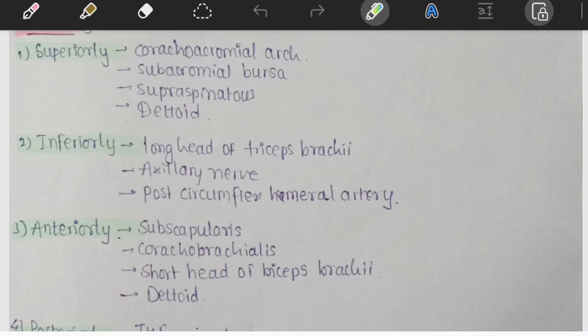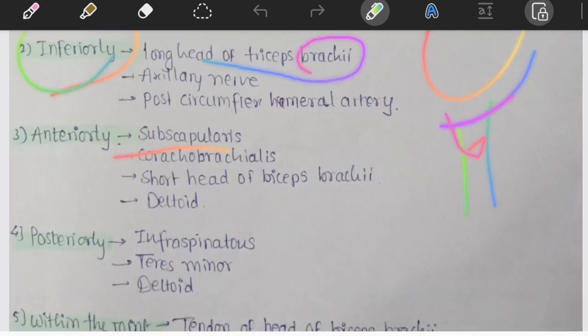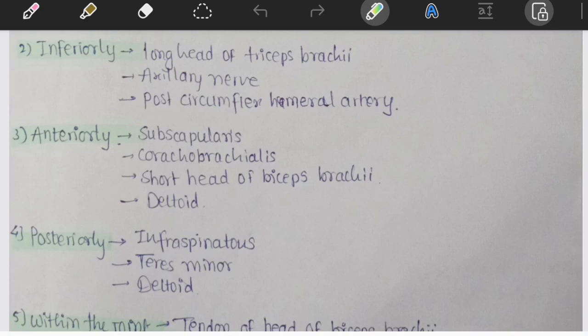Here are the relations. Superiorly, coracoacromial arch, subacromial bursa, supraspinatus and deltoid. Inferiorly, long head of triceps brachii, axillary nerve, posterior circumflex humeral artery. Anteriorly, subscapularis, coracobrachialis, short head of biceps brachii and deltoid.